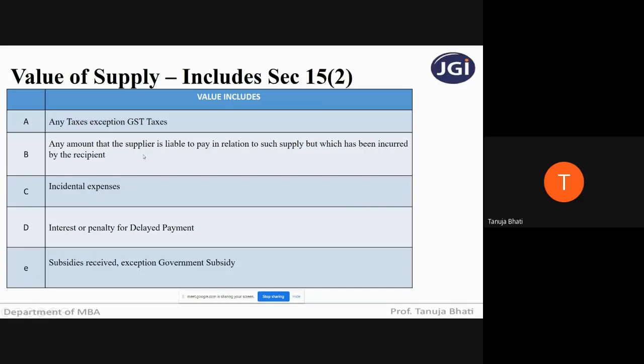Because it was an expense to be incurred by the supplier, but it has been incurred by the recipient. So any amount that the supplier is liable to pay in relation to such supply, but which has been incurred by the recipient, has to be added to the transaction value. Did everyone understand section 15 subsection 2 clause B?